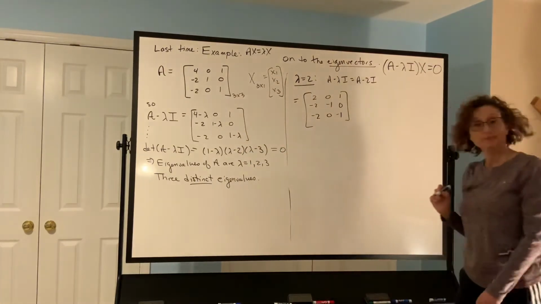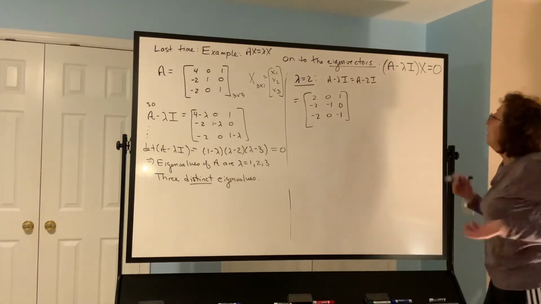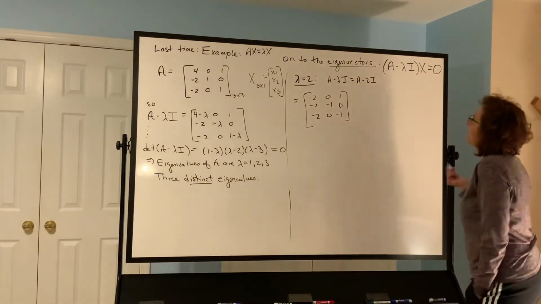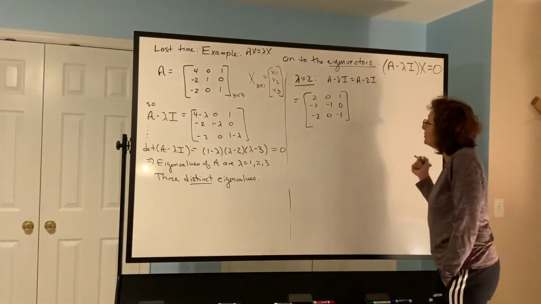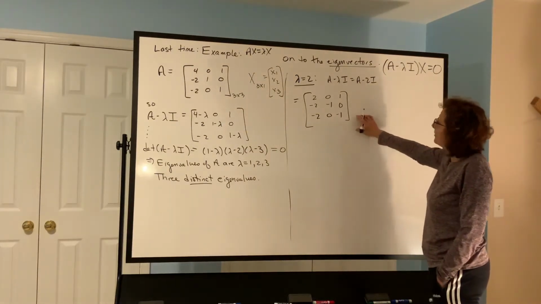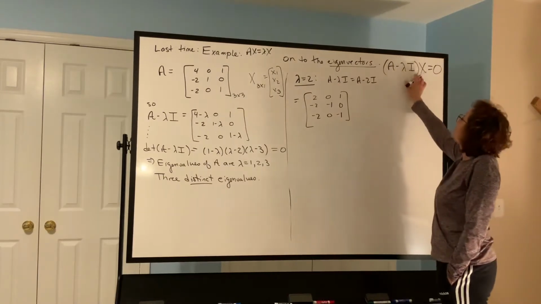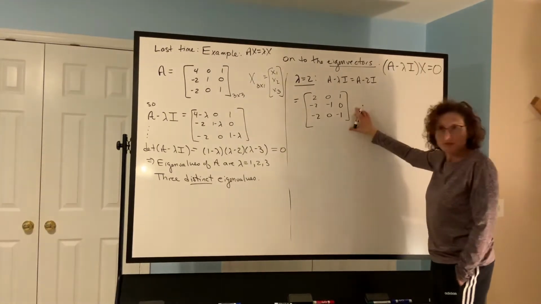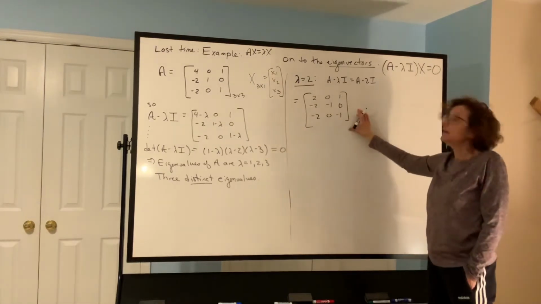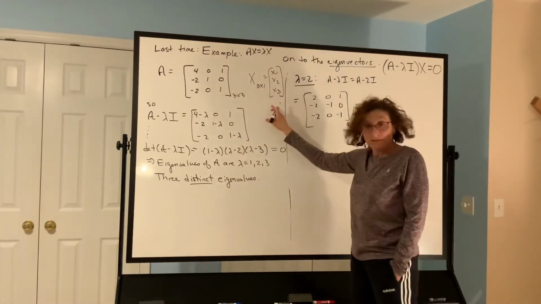Yes? Okay? All right, so now I take a look at this one, and I'm like, okay, what do I do? My goal is, remember, I'm now solving A minus 2I x equals 0, right? So this is just a coefficient matrix in a system of equations for these three variables.